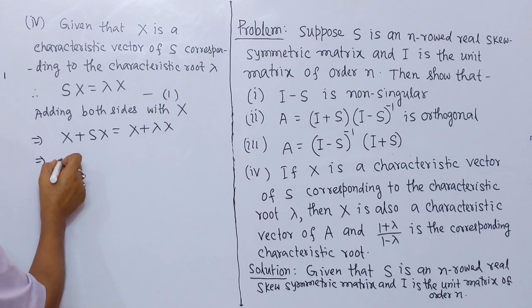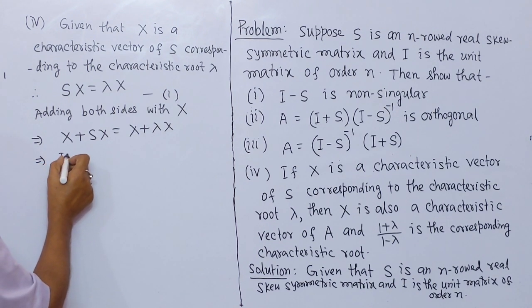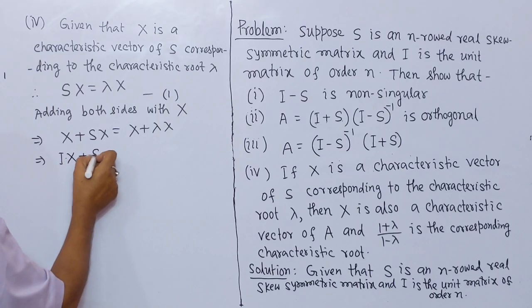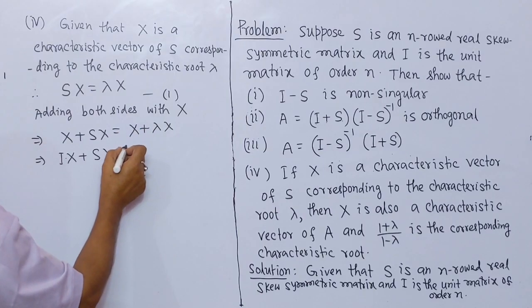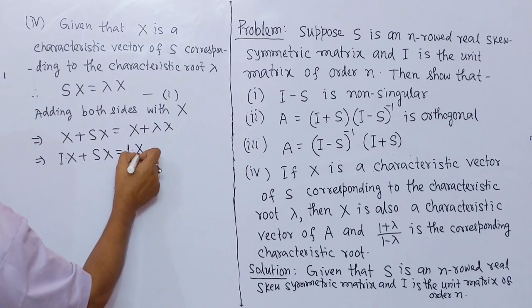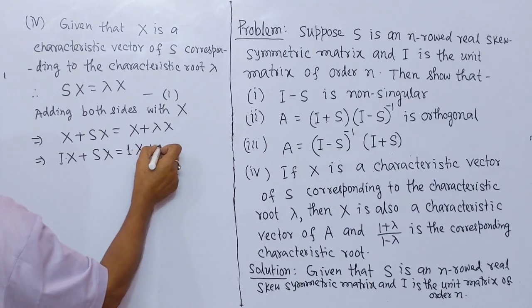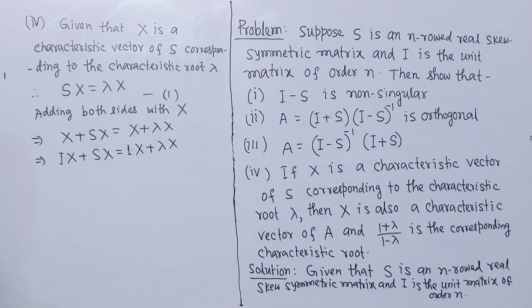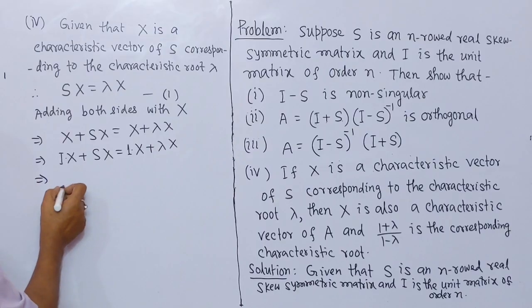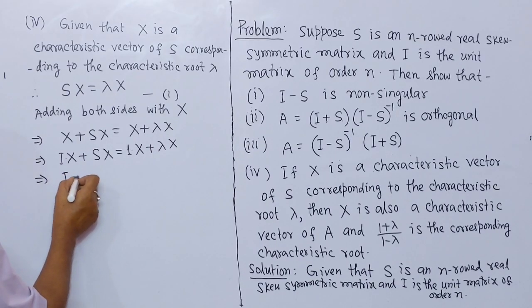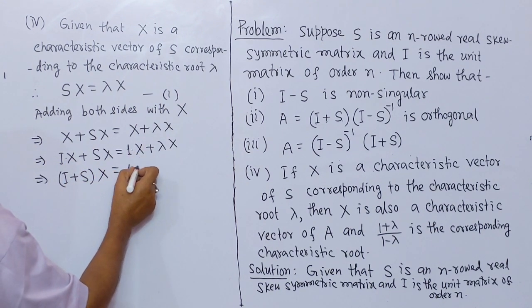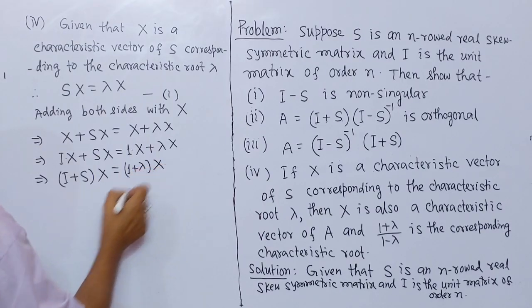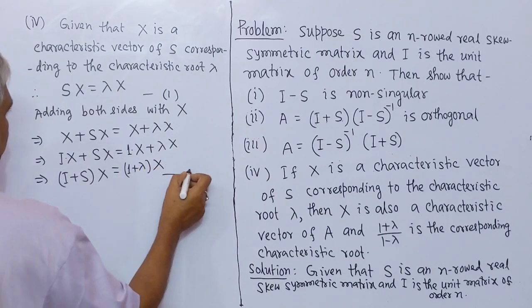It implies that I multiplied by x plus Sx, here we write 1 multiplied by x plus lambda x. It implies that (I plus S) x, taking x common, equals (1 plus lambda) x. This is number 2.